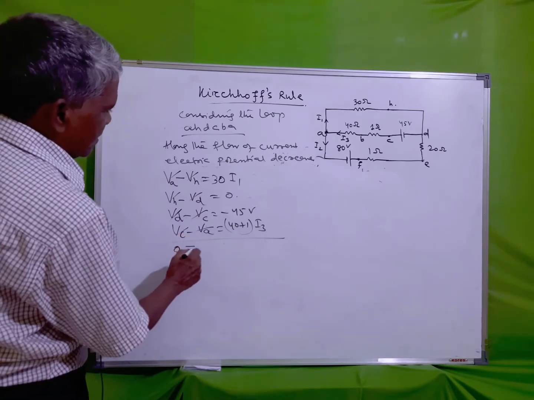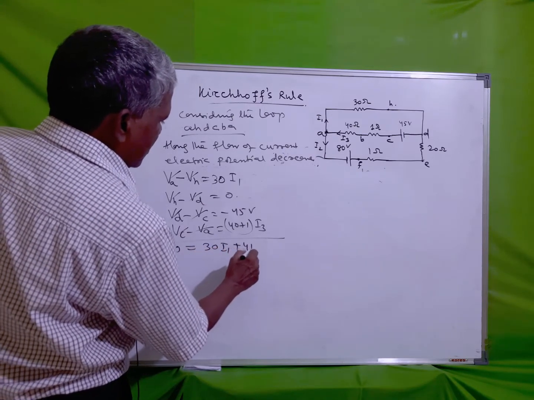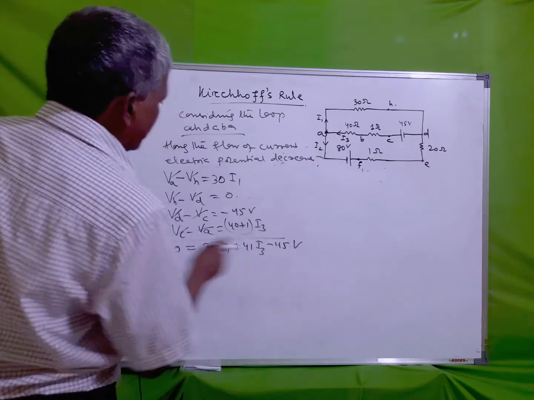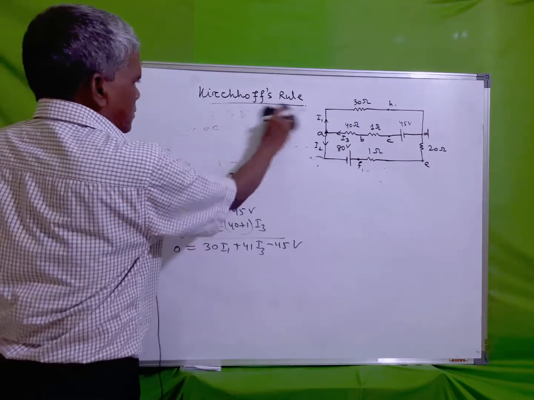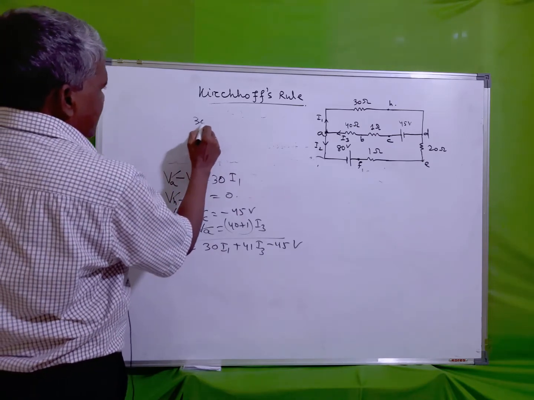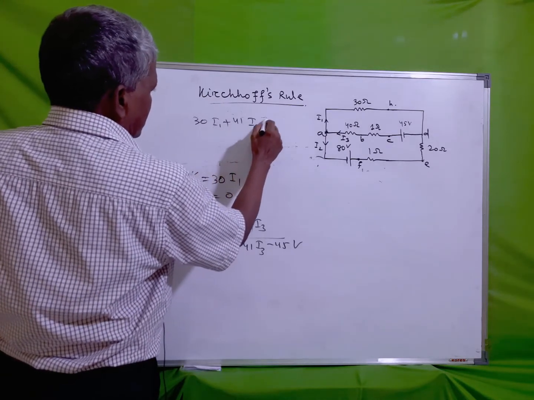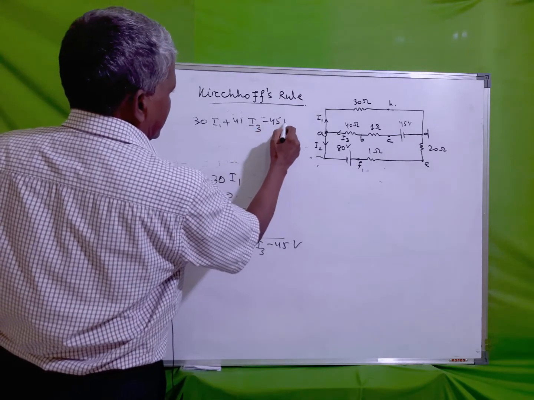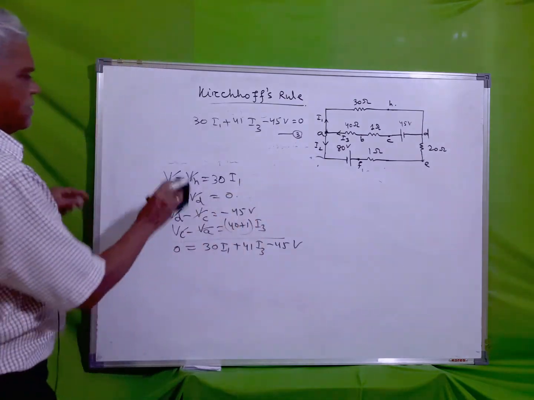So 0 is equal to 30I1 plus 41I3 minus 45 volt, or you can say 30I1 plus 41I3 is equal to 45 volt, or 30I1 plus 41I3 minus 45 volt is 0. This is one equation, number 3.